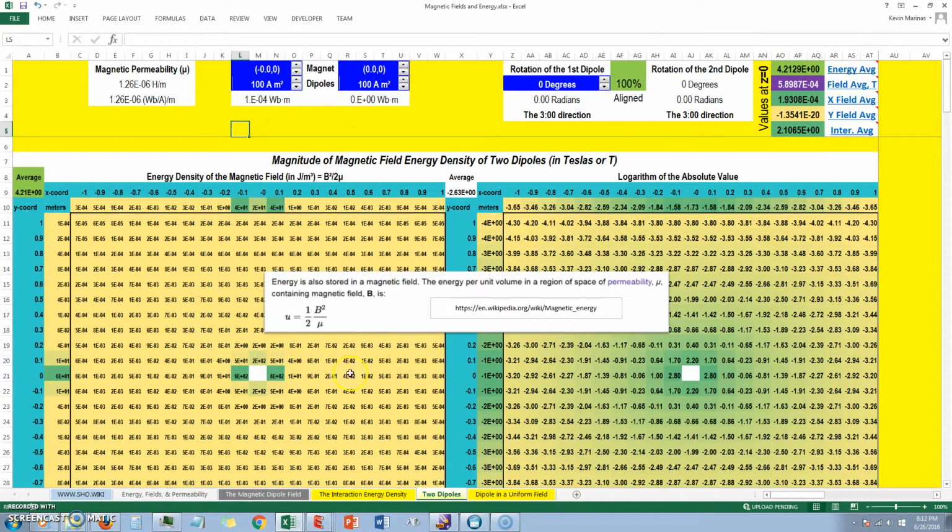Now, I have the dipoles superimposed, and since they have the same magnetic moment, they will generate the same contribution to the magnetic field. So if I were to render this 0, these values should all reduce by a factor of 4.